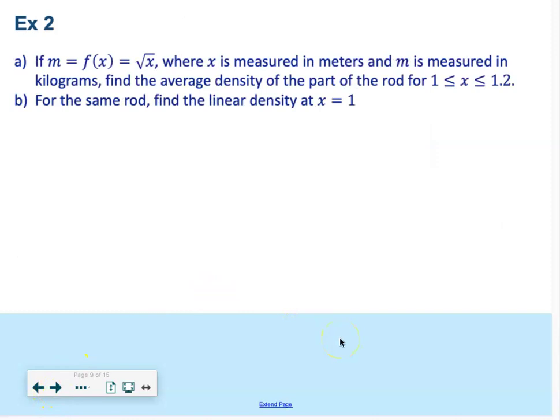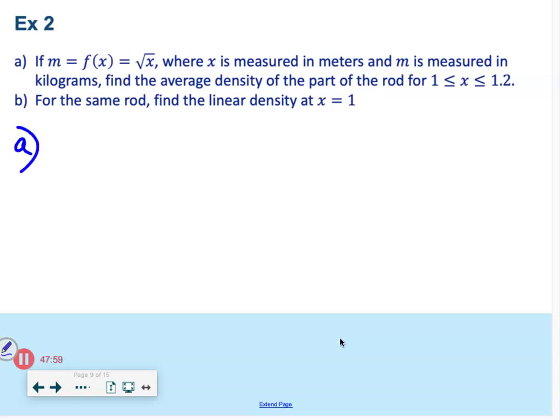Suppose the mass equals the square root of x, where x is measured in meters and m, the mass, is measured in kilograms. First, we're going to find the average density from 1 to 1.2. Then we're going to find the linear density at x equals 1. So really, we're doing an AROC and an IROC.